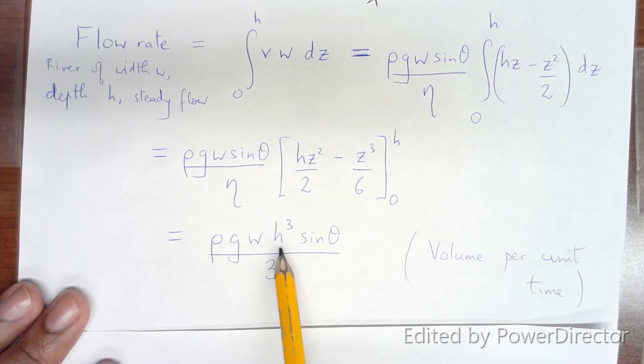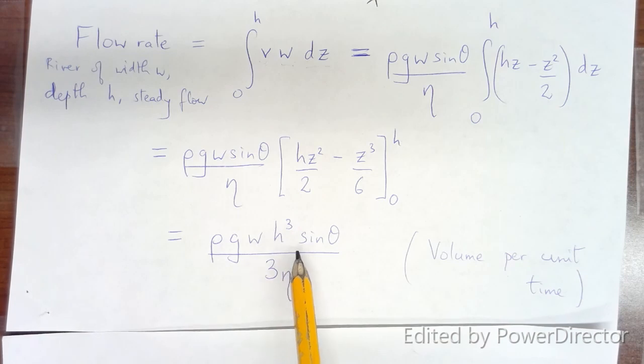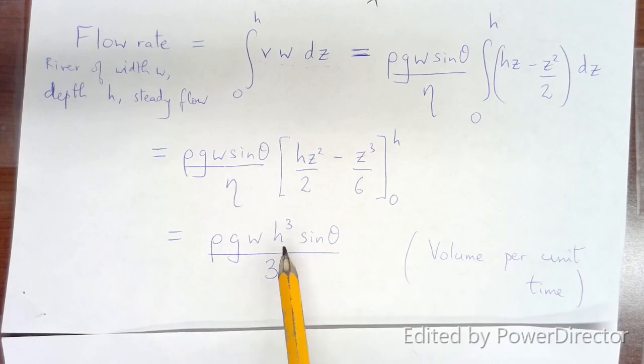But also notice that this depends on h cubed, right? Only the first power of w, but on h cubed. And so if, for example, during a storm, the depth of the river simply doubles, right? If h doubles, the flow rate, the amount of water that is actually flowing past, will go up by a factor of 8. Right?